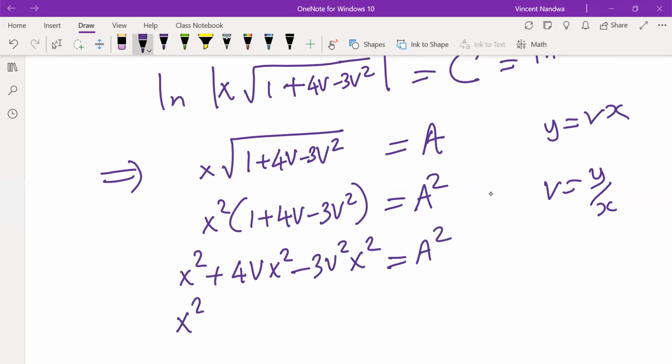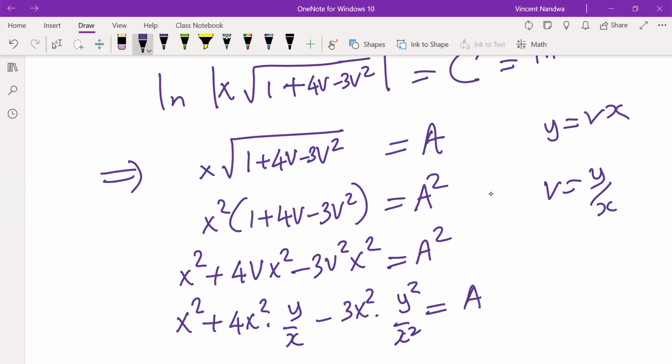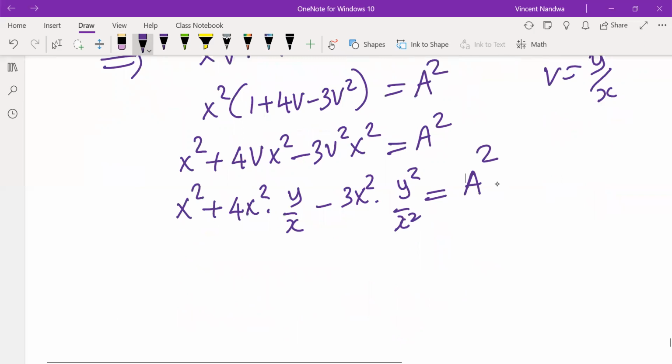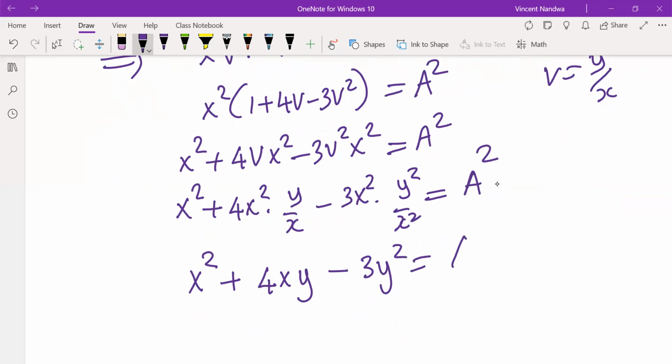So it'll be x² + 4x²(y/x) - 3x²(y²/x²) in place of v², equals a². Now it will be x² + 4xy - 3y², since the x² cancels out, equals a².